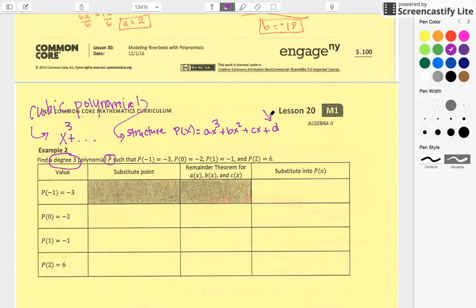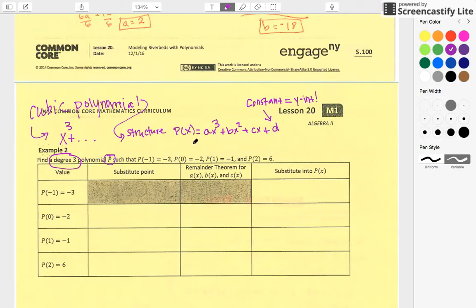And d, or whatever variable you have that is always your last, is called your constant. And usually this is your y-intercept, when you set up your equations like this.